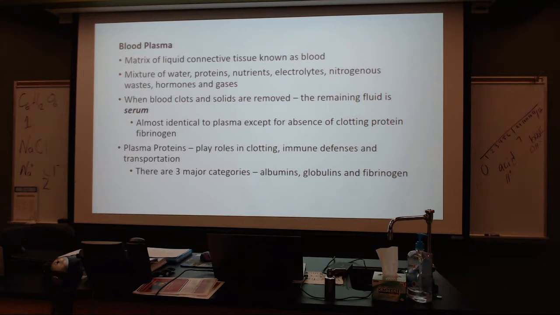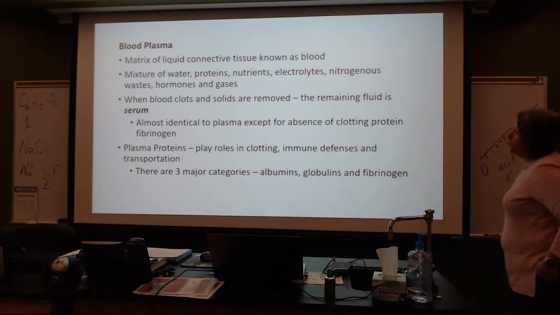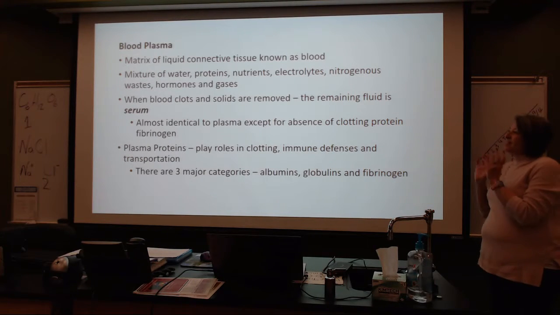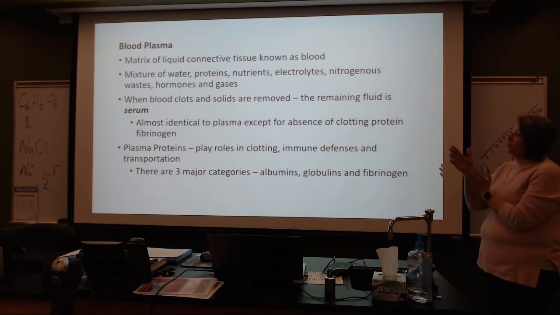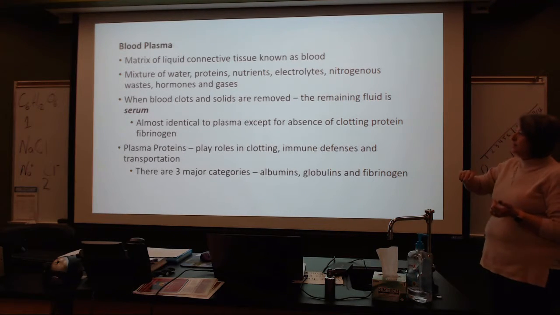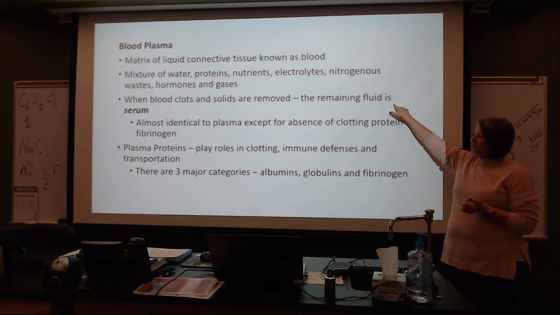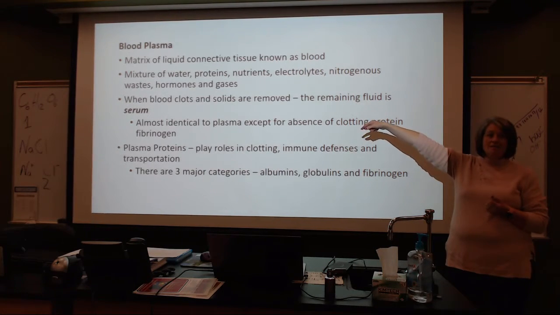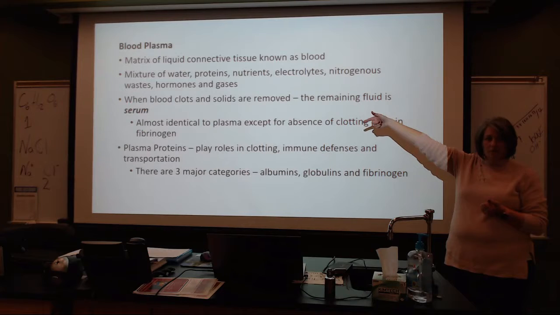Now, when we look at blood and we get it, and if we take out any clots or solids that might be in the blood, that remaining fluid is termed serum. You may see sera, okay?